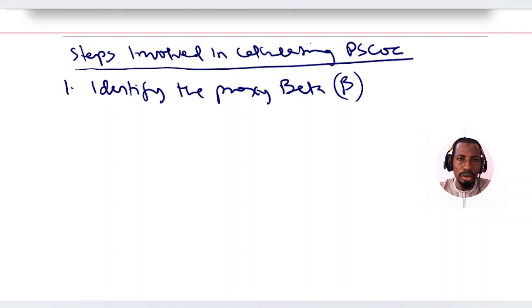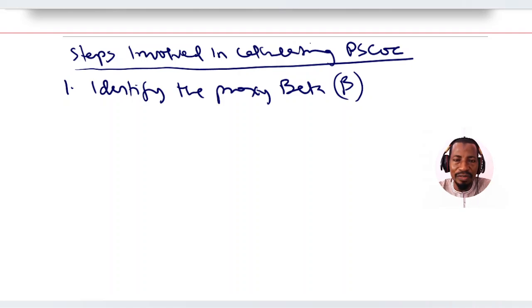So once you can identify from the question the proxy company. In an ideal question, you are going to be given the name of the main company. So when you see any other name that is different from the main company, that other name is the proxy company. At times, the examiner may not give you the name of the proxy company, but there will be information to show that they are talking about the proxy company.